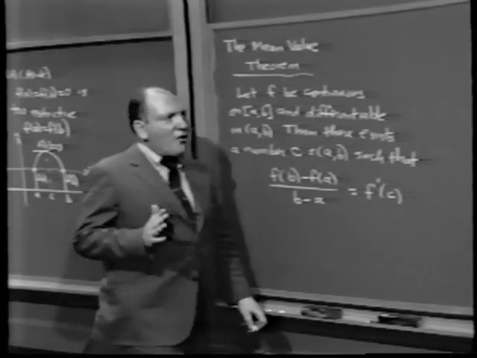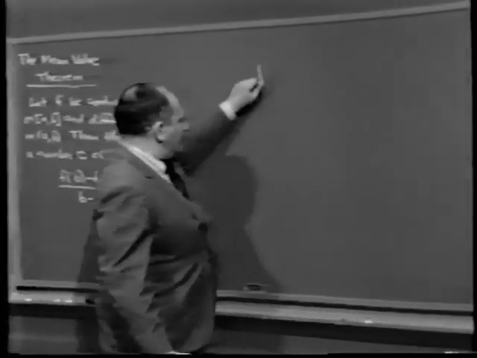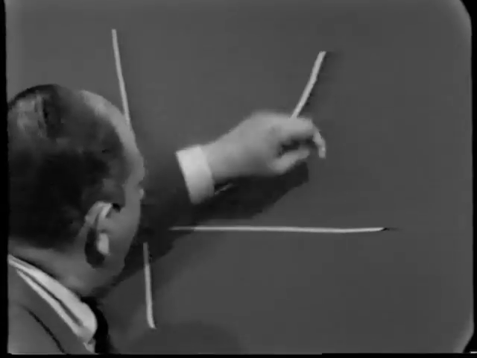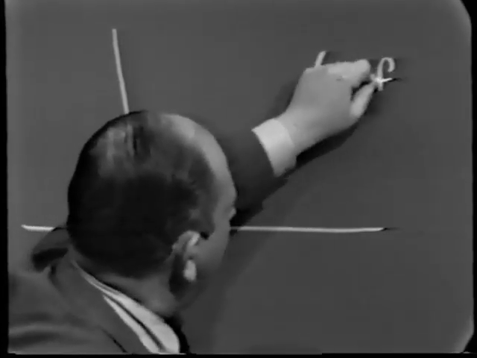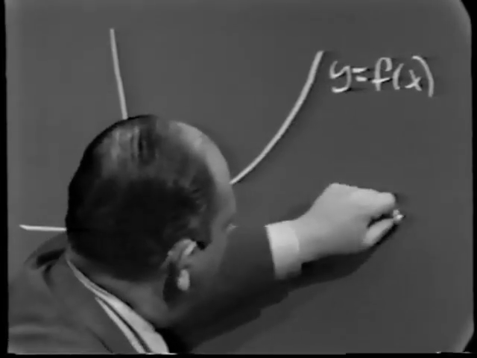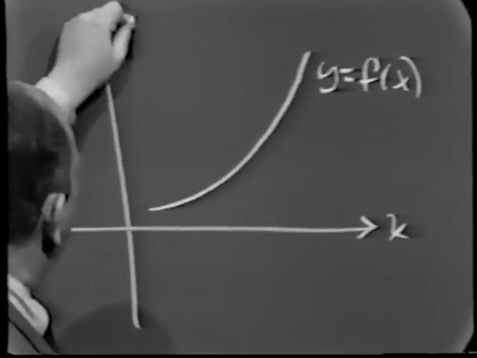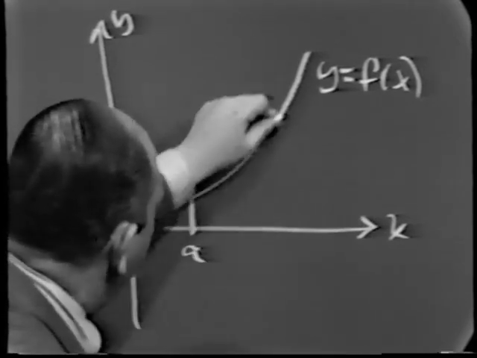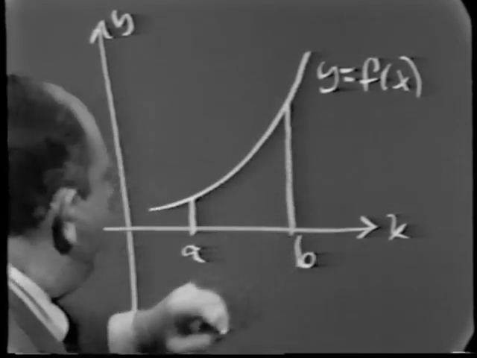Now, what that means pictorially is this. Again, I'll chance a freehand diagram. Suppose our curve is y equals f of x. I've drawn it to be smooth. Suppose it's continuous and smooth on this open interval from a to b.